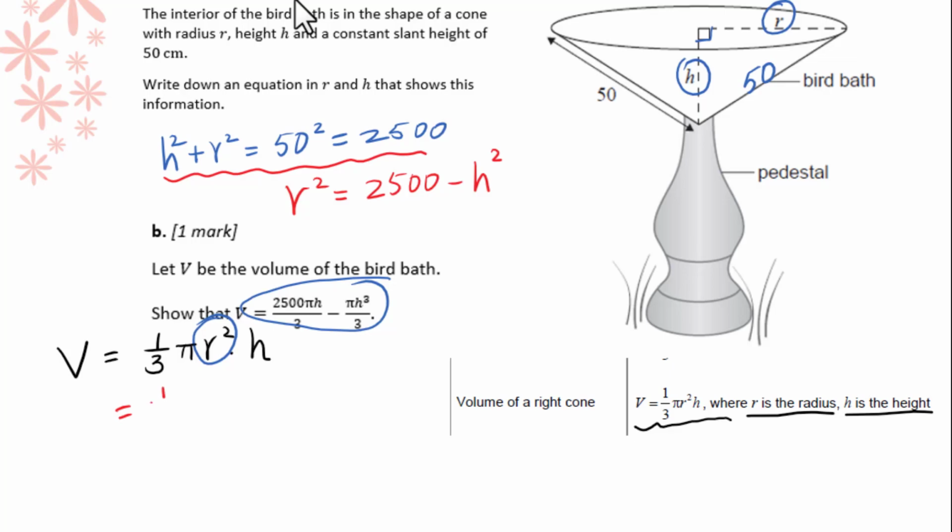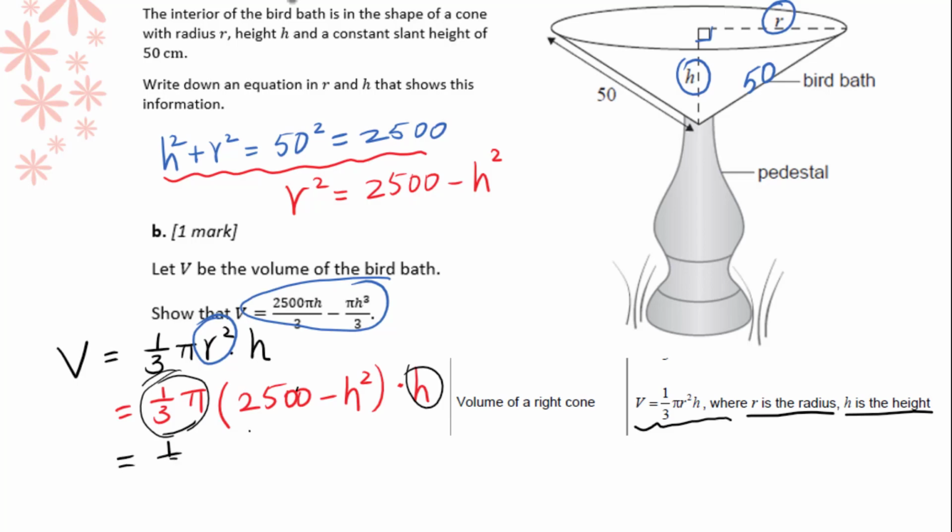So we get 1 over 3 pi times 2500 minus h squared times h. Let's put 1 over 3 pi and h together: 1 over 3 pi h times 2500 minus h squared. Then we will do the distributive property.